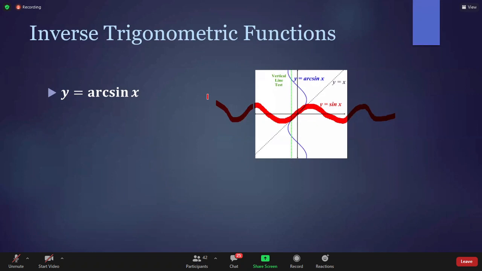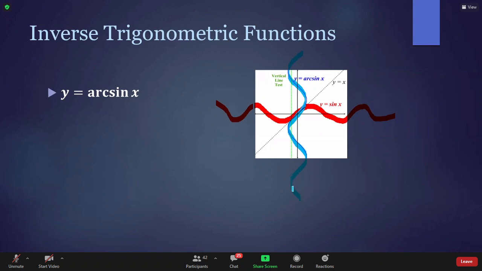completely. Complete repetition. Now, if we want the symmetry, see the blue graph. The blue one is the graph of just the symmetrical curve. I'm saying symmetrical curve, I'm not saying the inverse function. We see that it actually does not pass the vertical line test.